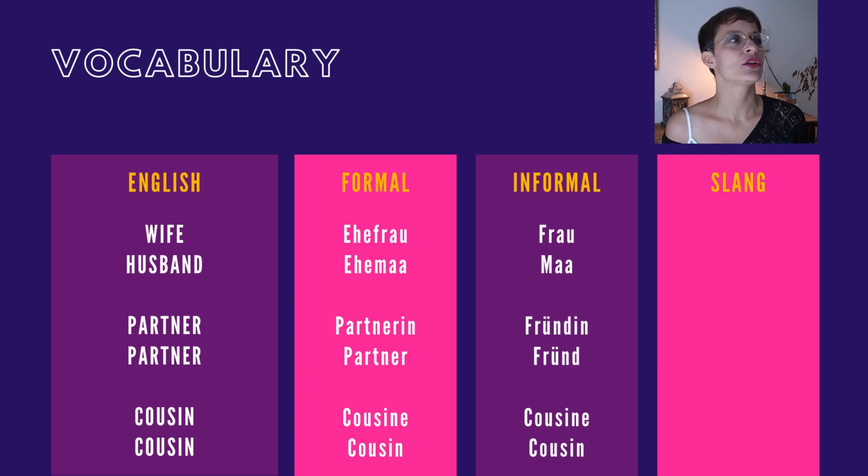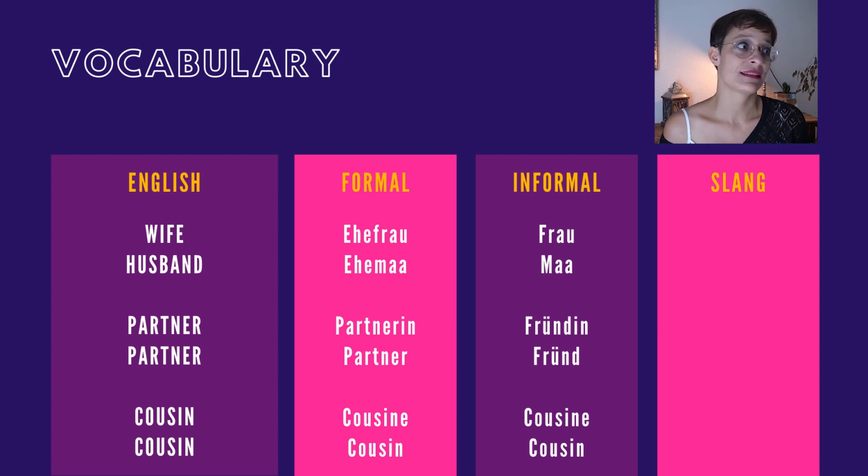If you're not married, you maybe want to say partner. So we also say Partnerin for the female version and Partner for the male version. Can I even say version with people? I'm not sure. Or you can just say Freundin for the woman or Freund for the man. It's like friend, you know, but we use that maybe even more often than we say partner.